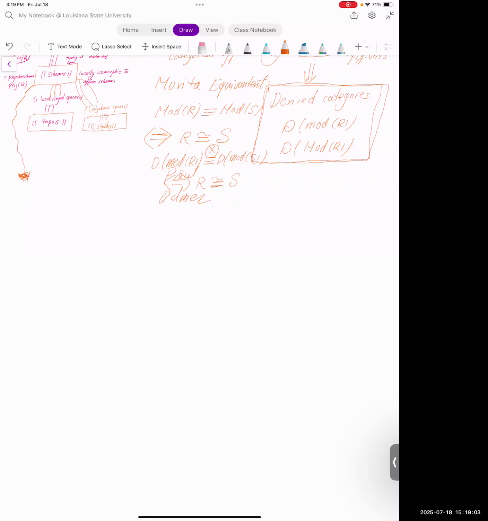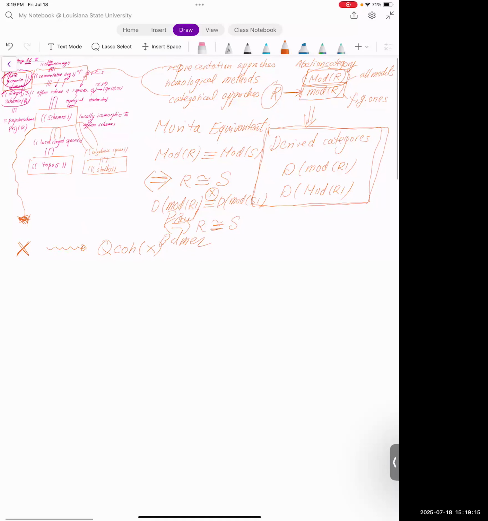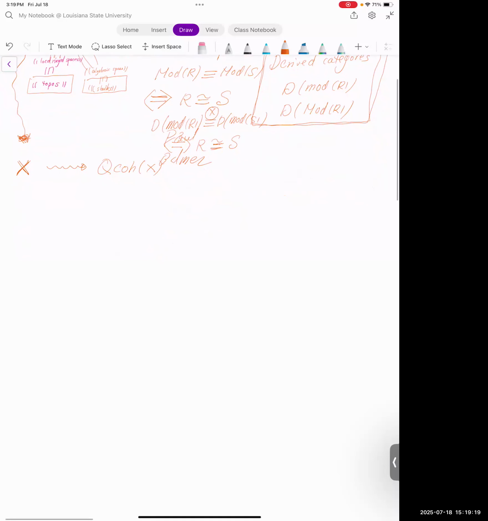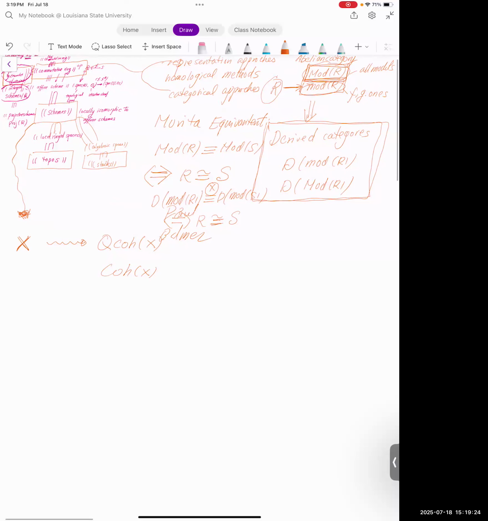Actually, there is a good candidate already. If you give me a scheme, I can consider its quasi-coherent sheaves. That serves as the big mod R, and we also have a subcategory of coherent sheaves on X, which serve as the finitely generated module versions of this.